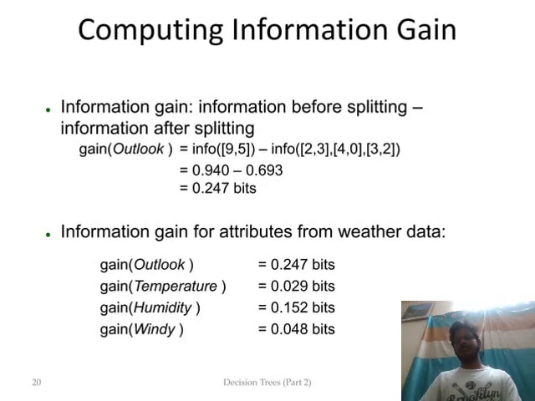For temperature 0.029 bits, and so on for humidity and windy. This is all about the information gain.